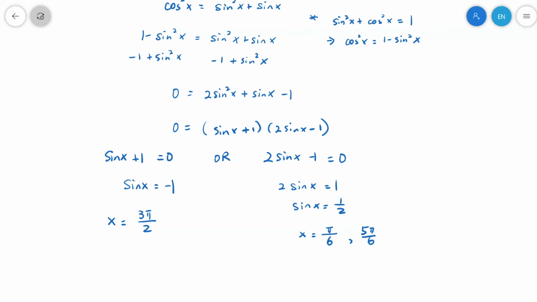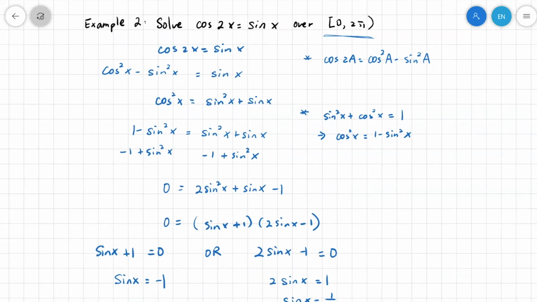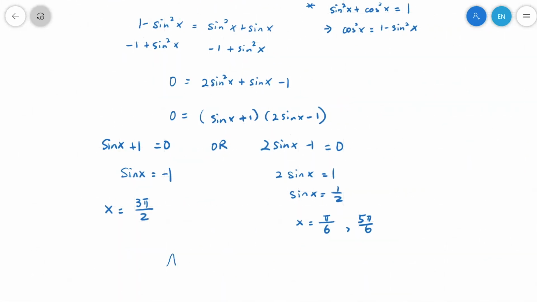And those three answers are the only answers in the interval 0 to 2 pi. I'm going to order them from the smallest to the largest: pi over 6, 5 pi over 6, and 3 pi over 2.